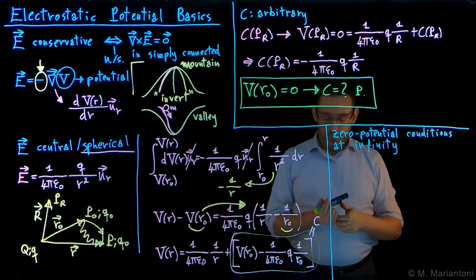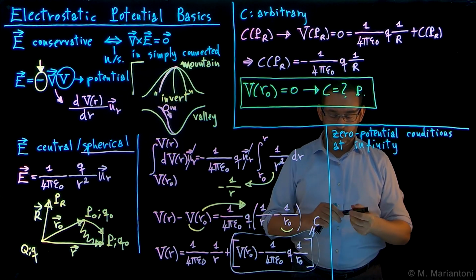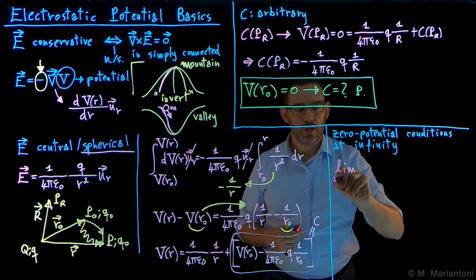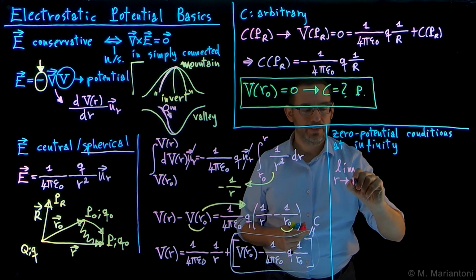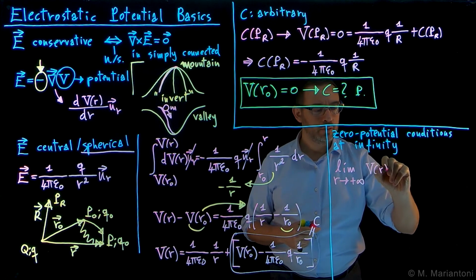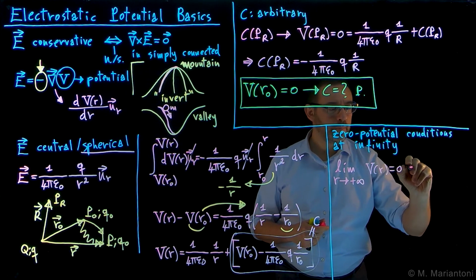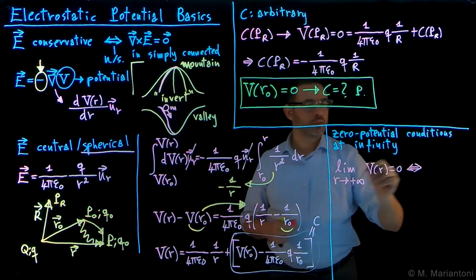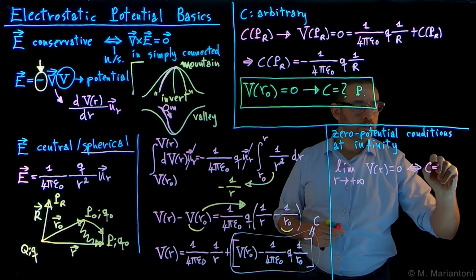As it turns out, the limit for small r that goes to plus infinity of V of r is equal to 0 if and only if the arbitrary constant C is identically equal to 0.